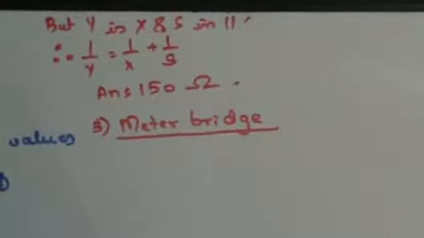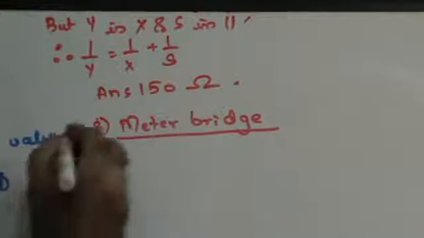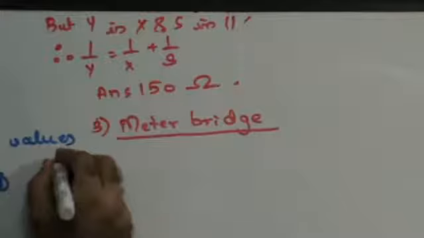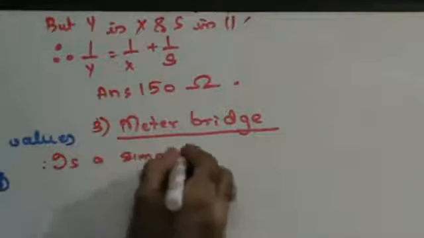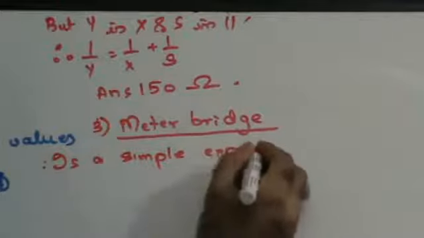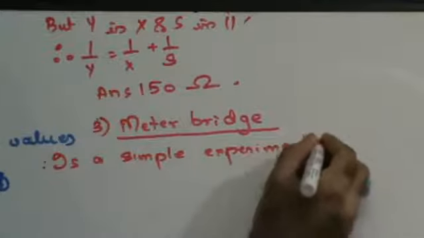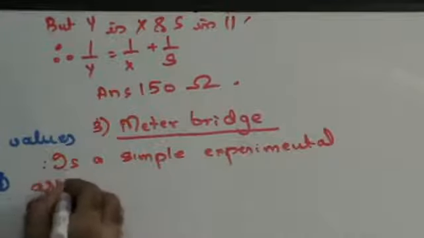So you will get your value of Y here as 12 and X. Next, let's move on ahead, guys. Now, what is a meter bridge? A meter bridge is a simple experimental arrangement intended to measure an unknown resistance. So that is what a meter bridge is.